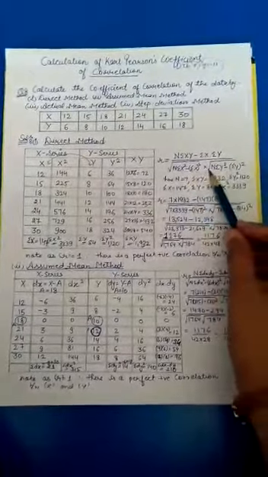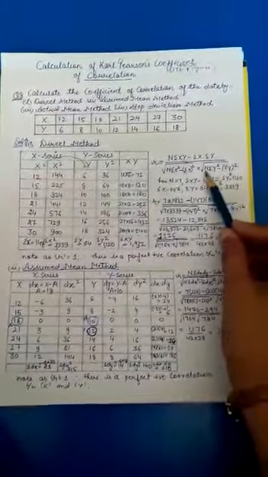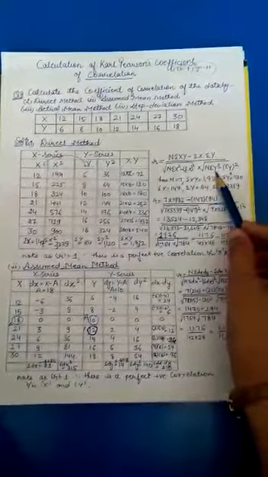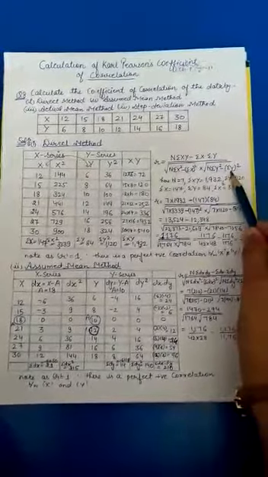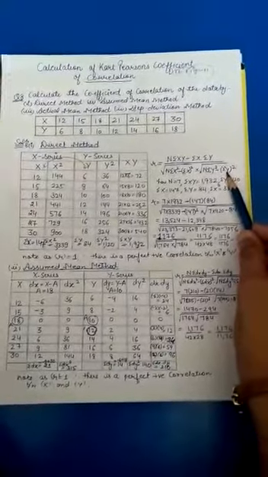In the product we have the under root of n into sigma y square, where sigma y square is the total of the y square column, minus sigma y whole square, which means whatever is the total of the y column, you have to square it up.